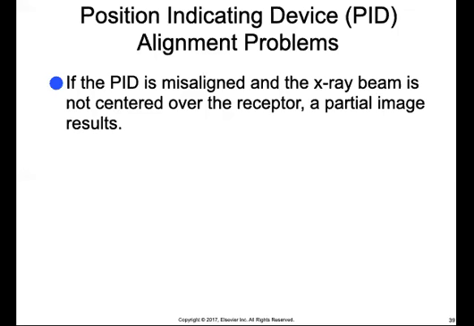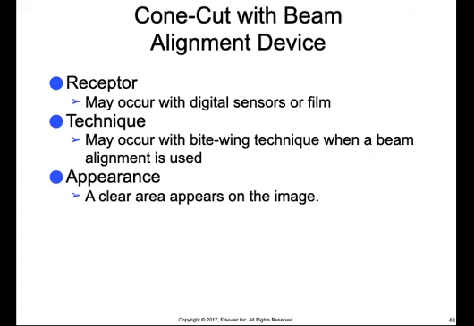If your PID is misaligned and the X-ray beam is not centered over the receptor, a partial image results, which is known as a cone cut. A cone cut with a beam alignment device can happen with digital sensors or film, and it can occur with the bite wing technique when a beam alignment device is used.